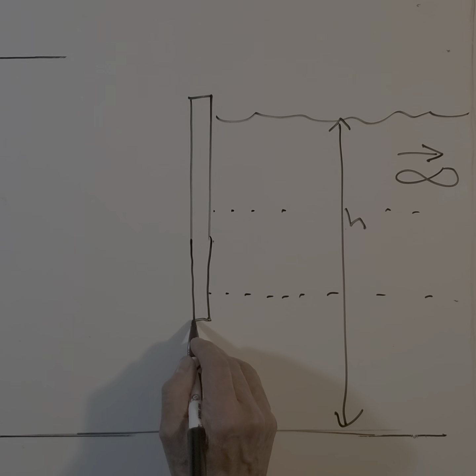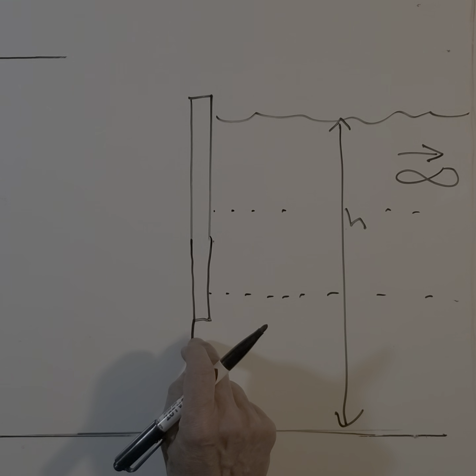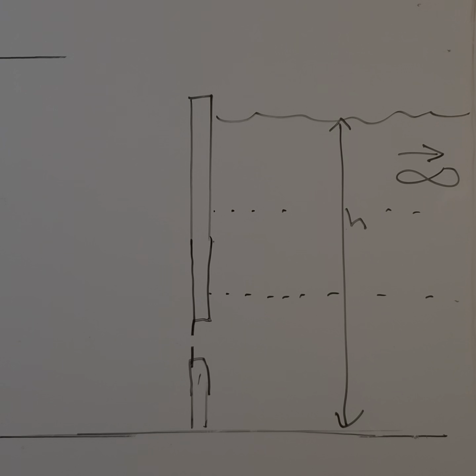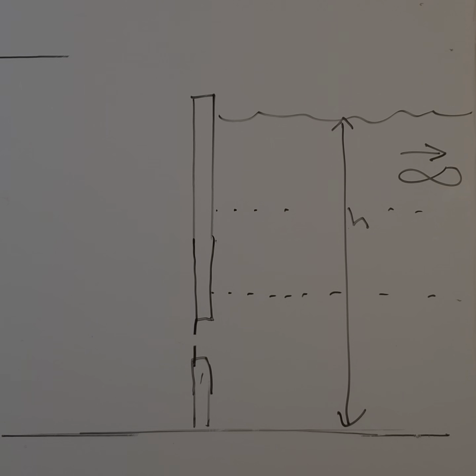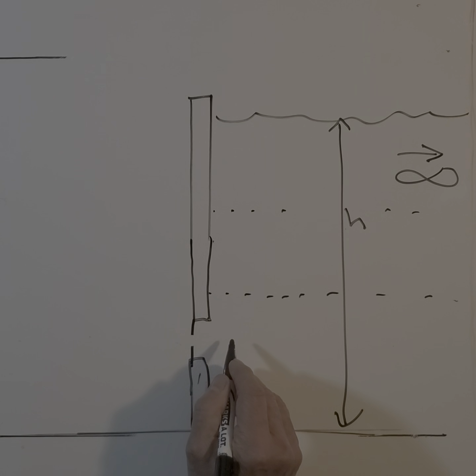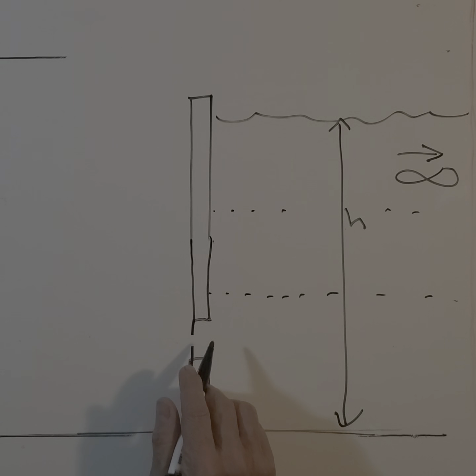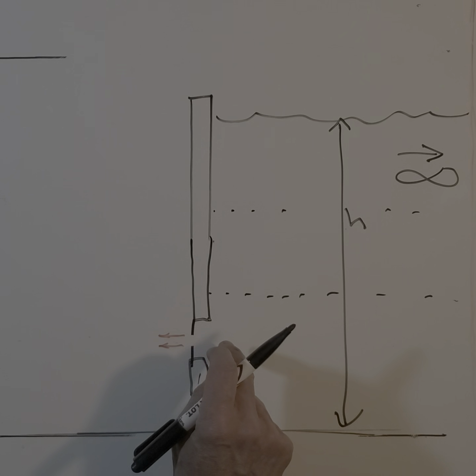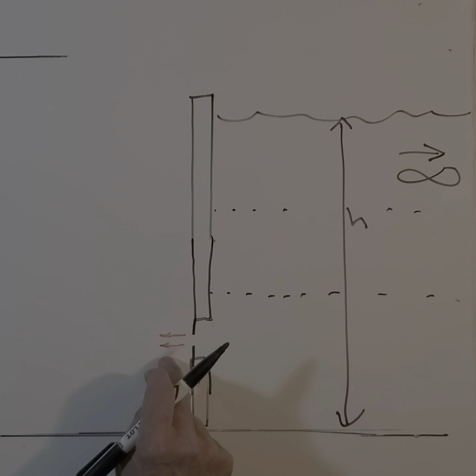But let's put an aperture then at some known depth. So since the pressure is constant at this point, there will be a velocity of flow out due to the pressure difference between the water pressure at that point and the atmospheric pressure here.